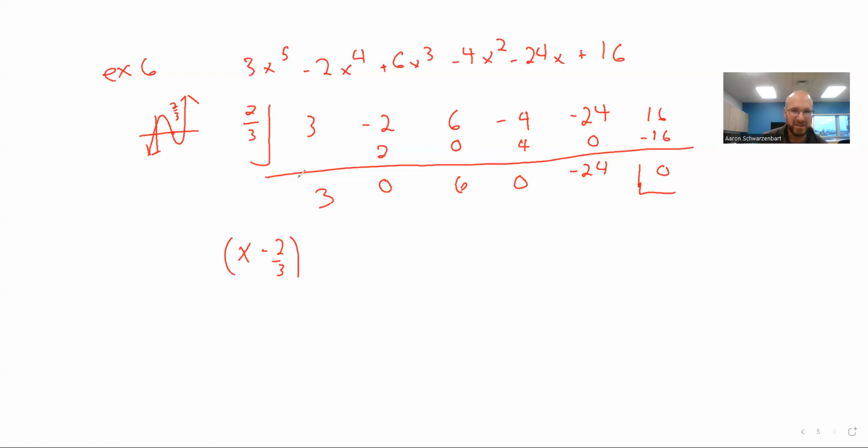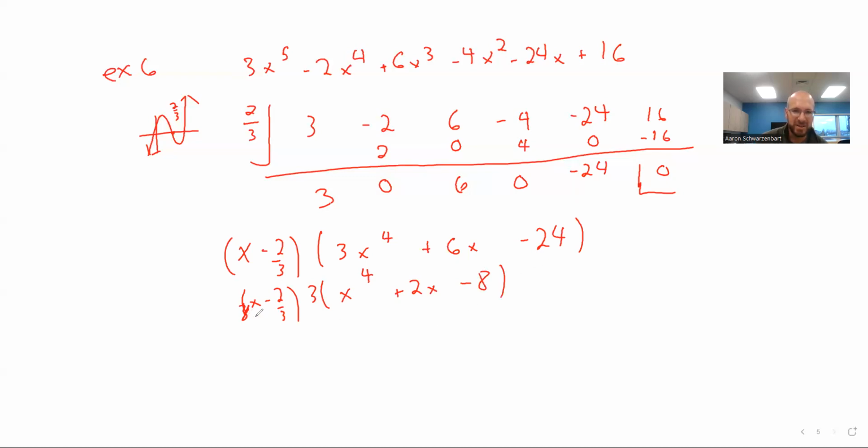Likely what I'd like to turn that into, since I've got a leading coefficient of 3, and I know I have 3x to the 4th plus 6x squared minus 24. I can factor a 3 out of the x to the 4th thing. Factoring out a 3 gives me 8.